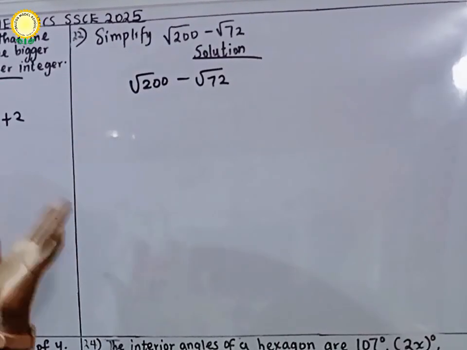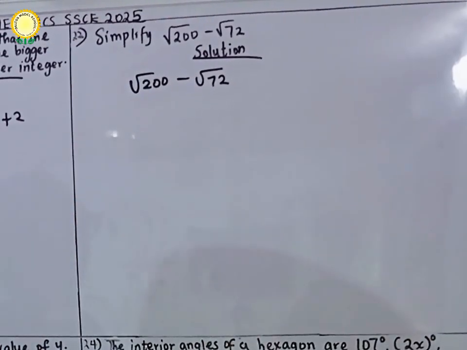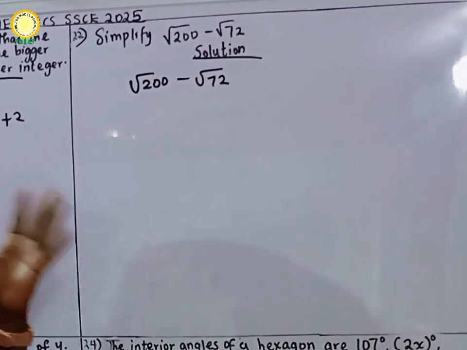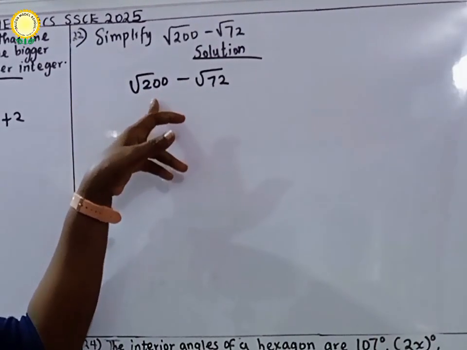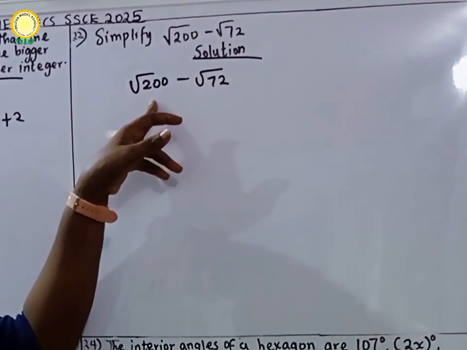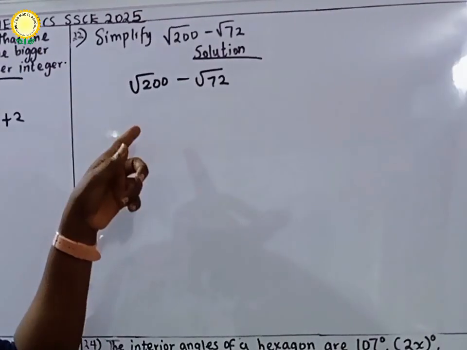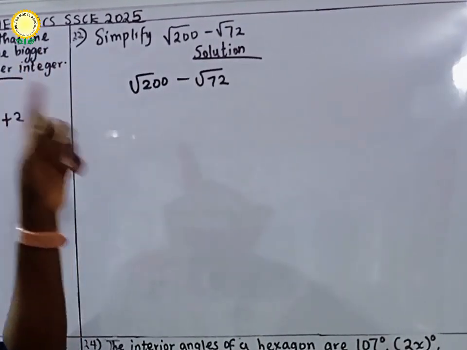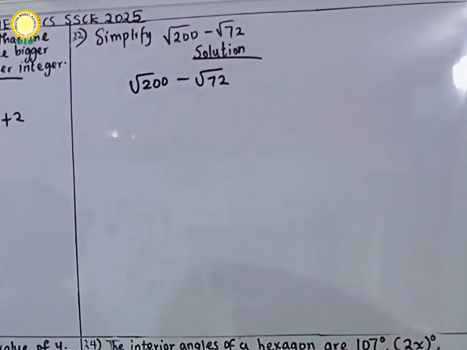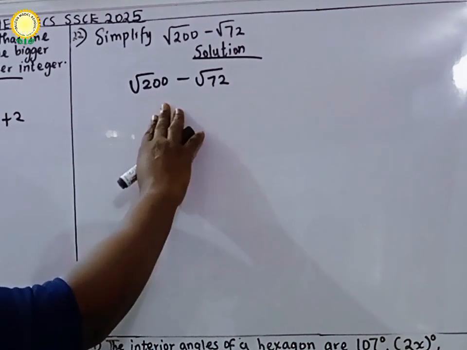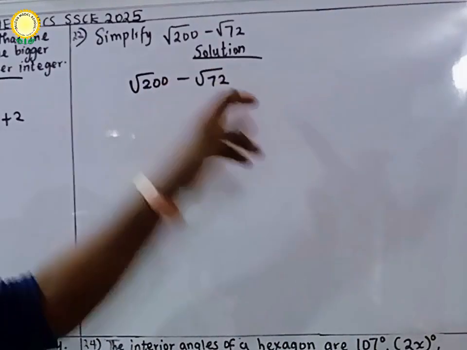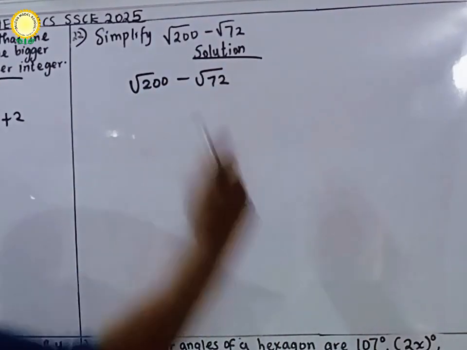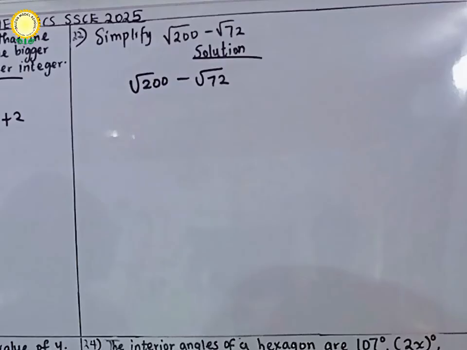You are going to find a number that's a multiple of 200 that you can find the square root of, such that the remaining number, which you cannot find the square root of, is also the same number that you cannot find the square root of in the other expression.